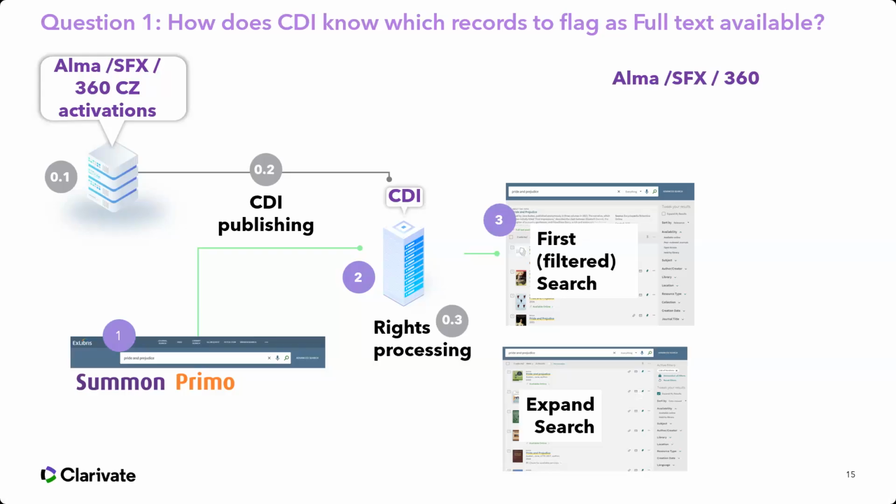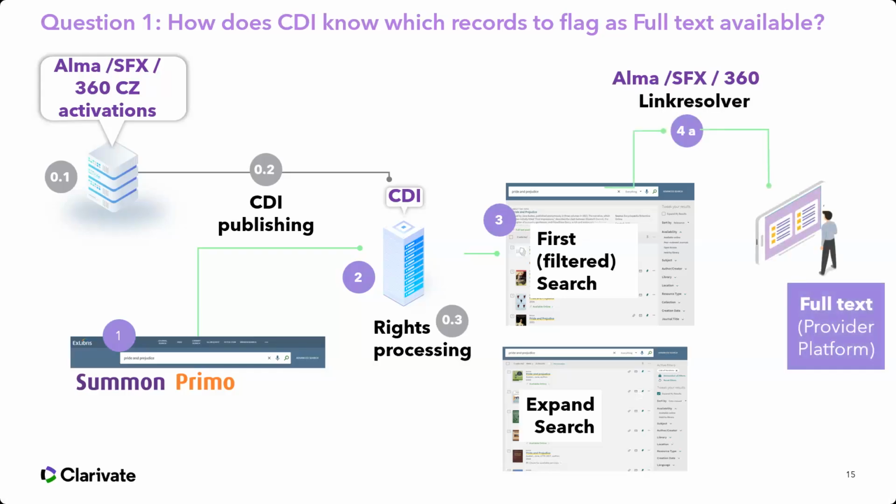If Tamar, if you click a few more times, you get to the linking, one more, and the linking in CDI will either go via the link resolver or via the linking record, but in both cases, the user will go to the provider platform that is appropriate for your institution.